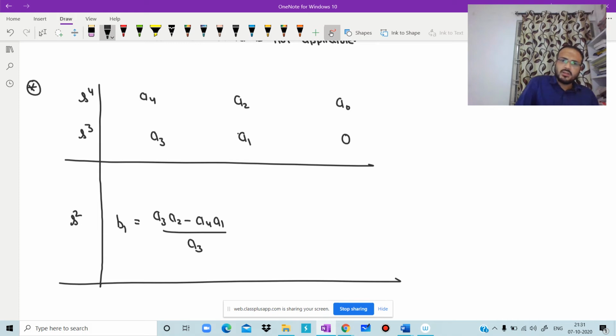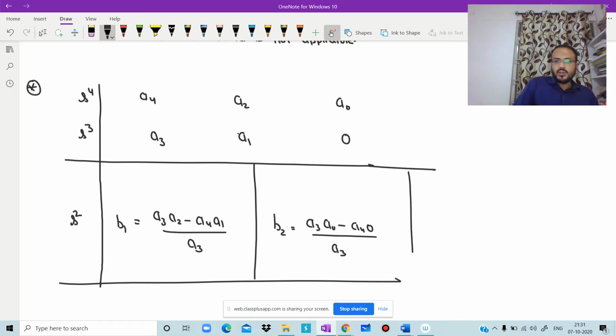In similar manner, you will calculate B2. B2 is equal to A3 into A node minus A4 into 0 divided by A3, and you will get B3, that is 0.